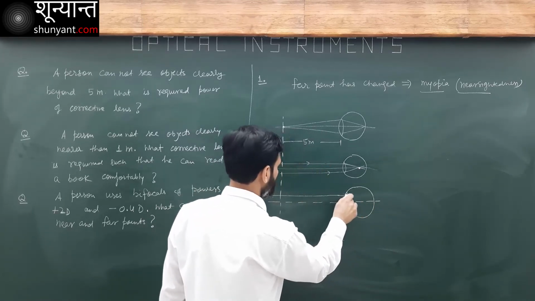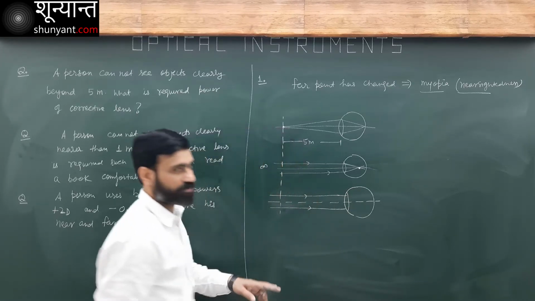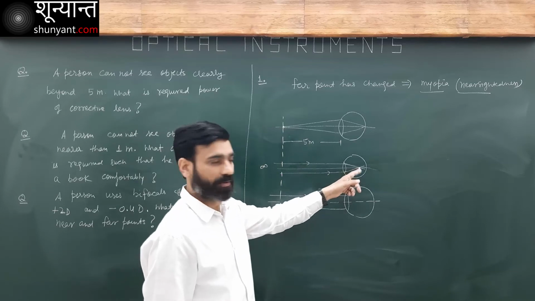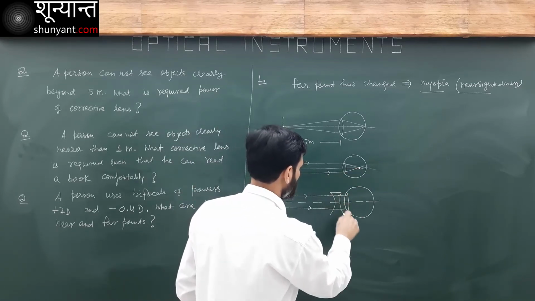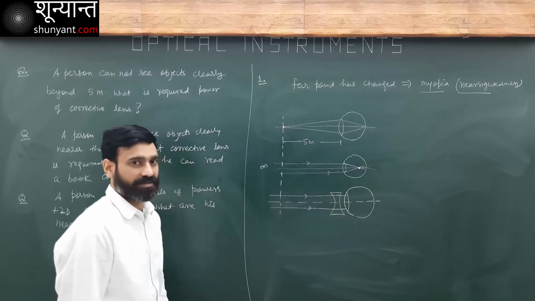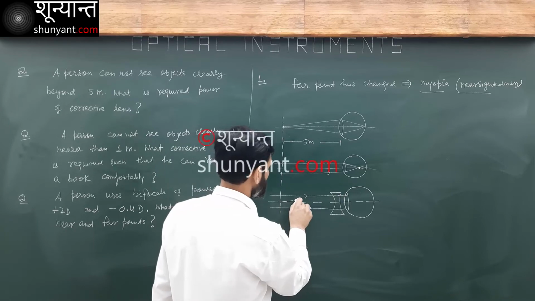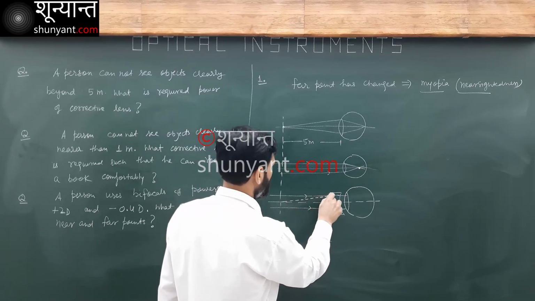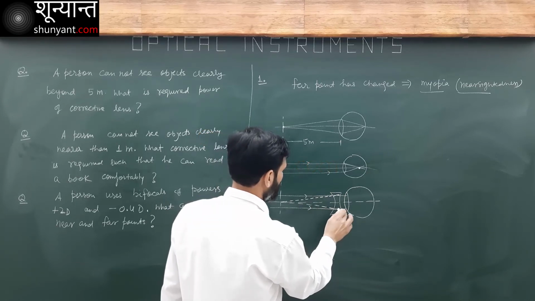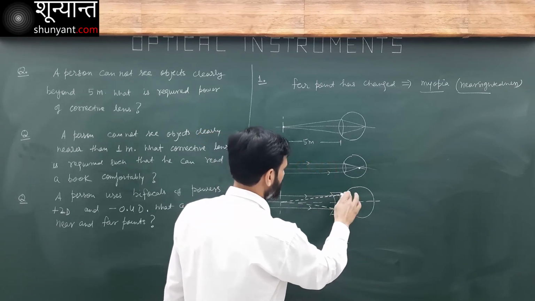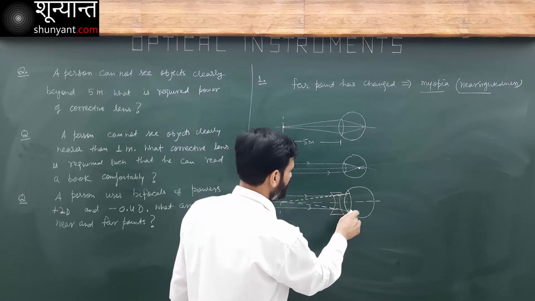If I do not use any lens, it is going to converge here. But if I make use of a diverging lens here, then this diverging lens will create a virtual image at my far point. So my eyes will be tricked. My eyes will think.